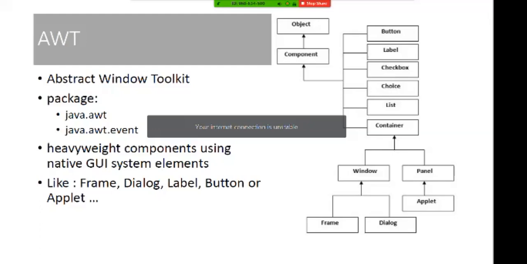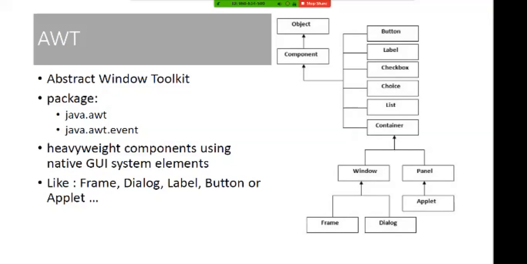Normally we divide all the components into two kinds of controls: button, label, checkbox, choice, list. These are generally visible to users, to do some input-output processing, to represent some data, to take inputs from the user, or to display our calculated output to the user.